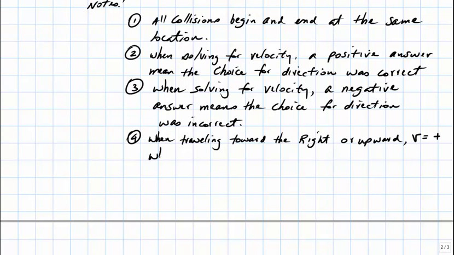On the other hand, when traveling toward the left, or downward, the velocity is considered to be negative.